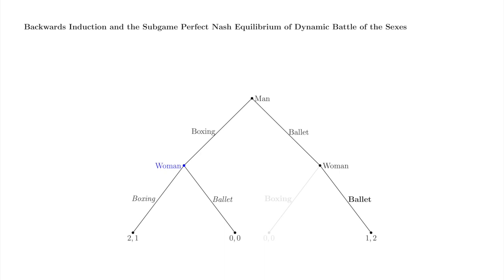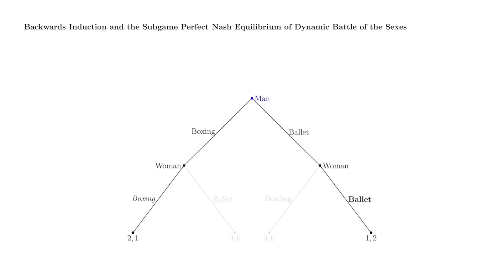The last move is the node in blue, the woman's move subsequent to the man's selection of boxing. 1 is greater than 0, so the woman selects italic boxing, shown in blue. Delete italic ballet from the tree. Now this tree, in black, remains.